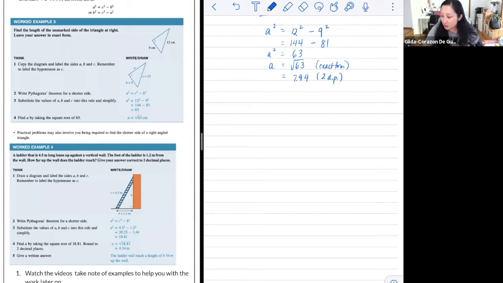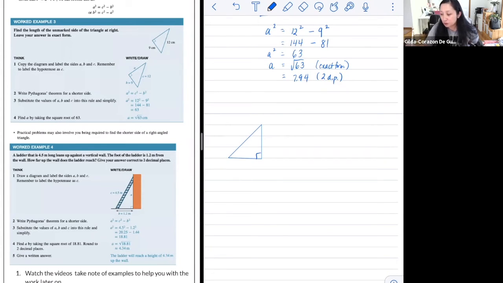You can just say, this is my ladder here, leaning against the wall like this, so that I know there's a triangle formed between them. It's not just a random triangle, but there's something special about it. It is a right angled triangle.